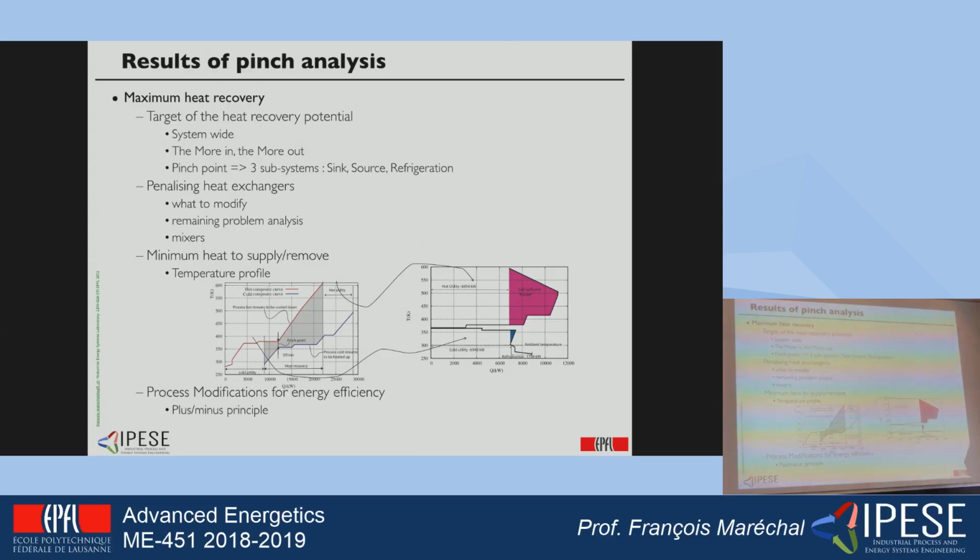Below it is the reverse, so we have to avoid having hot utility used below the pinch because there is enough heat in the system to heat up all the cold streams with the heat that is available. And then the third type of penalizing heat exchanger is the one that is taking a hot stream that is above the pinch and a cold stream that is below the pinch.